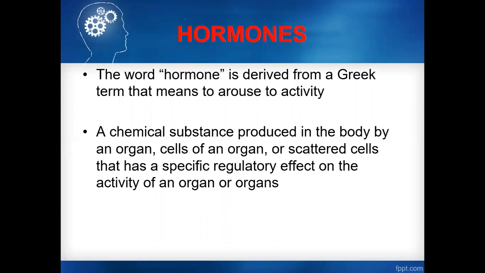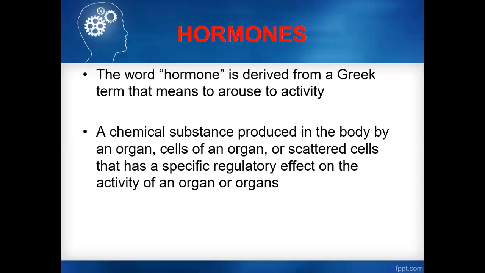So when hormones act on adjacent or neighboring cells, we call that paracrine action of that particular hormone. And if they act on the cell in which they were synthesized, we call that autocrine action, okay?